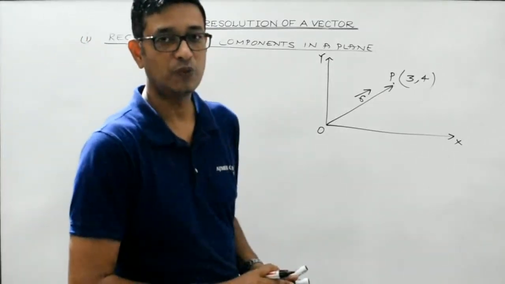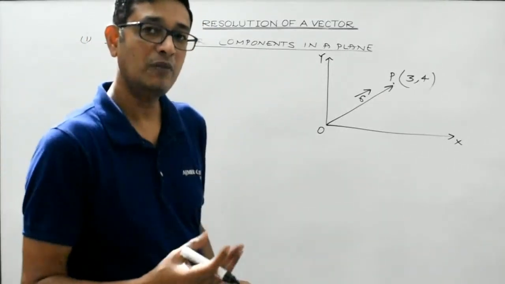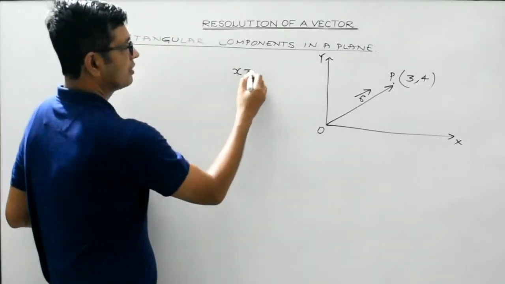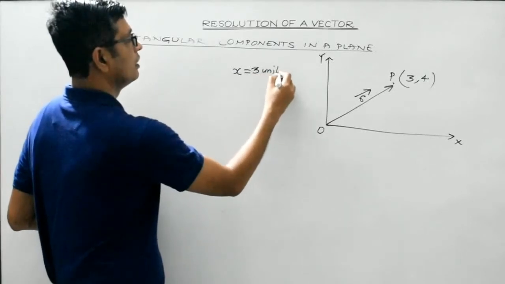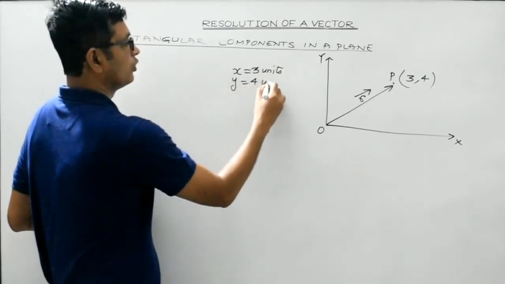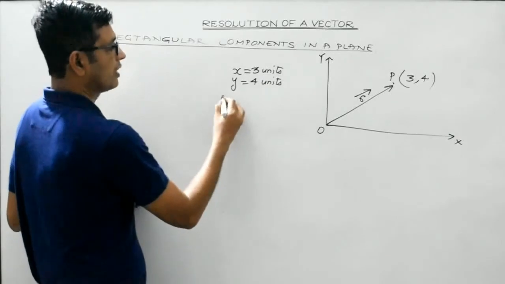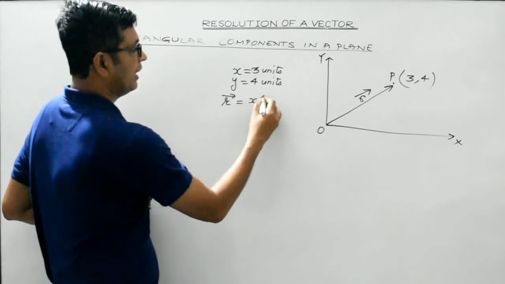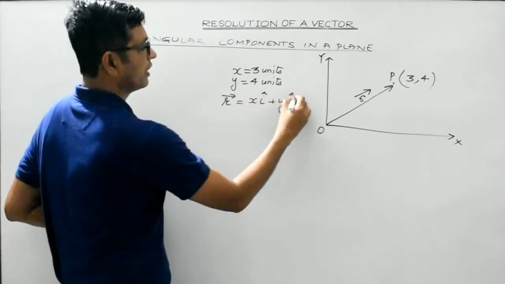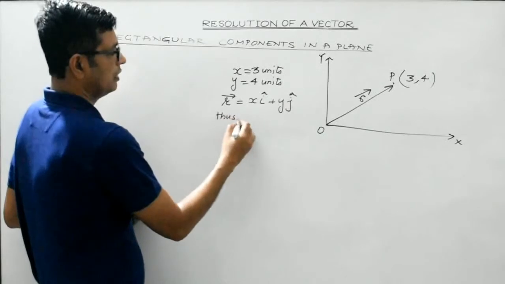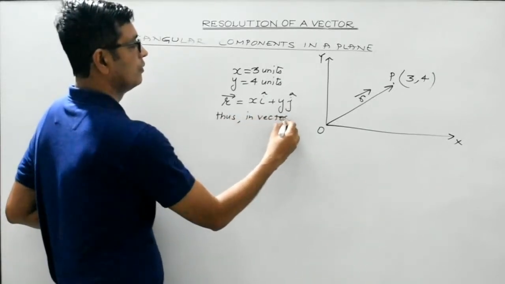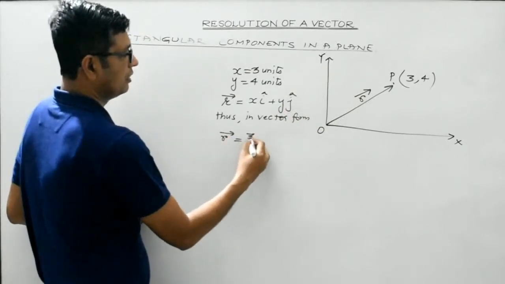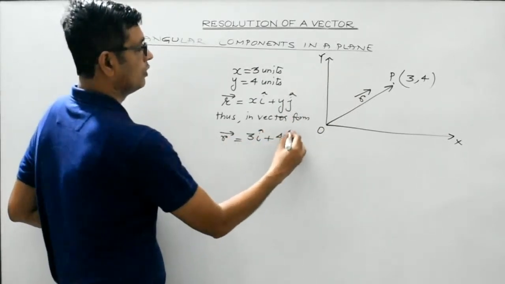Write the displacement of this body with respect to the origin in vector form, as well as try to find its magnitude. So, x is 3 units, y is 4 units. So R vector, just now we have discussed, just now we have verified, it is given by x i cap plus y j cap. Thus, in vector form, the position vector would be given by 3i cap plus 4j cap.